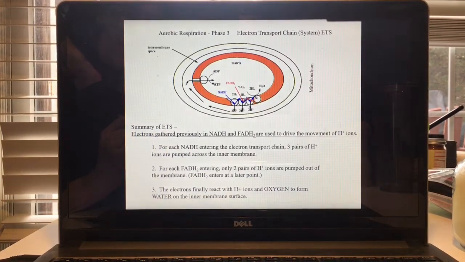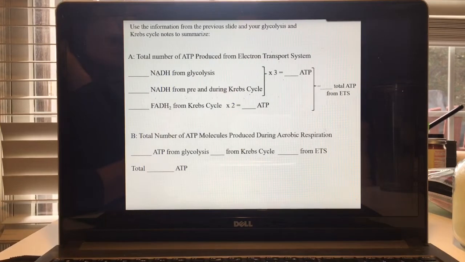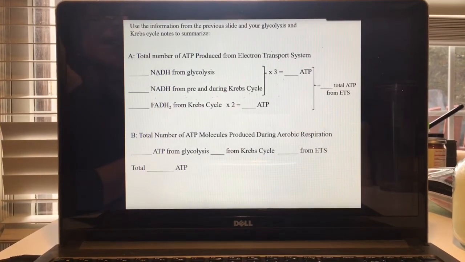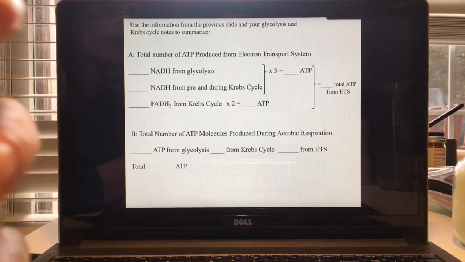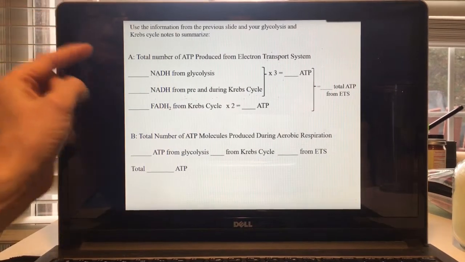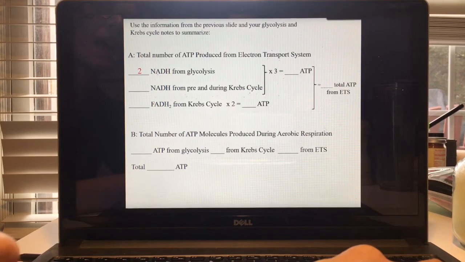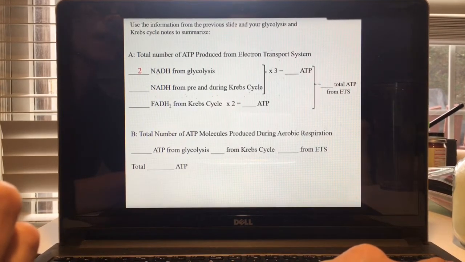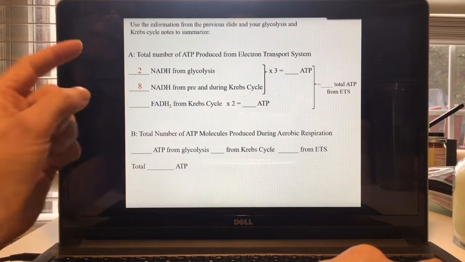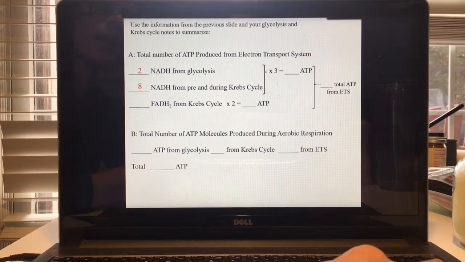on that inner membrane surface. So if we are totaling the number of ATP produced during aerobic respiration, we include the NADH from glycolysis, which is 2, and 8 NADH from the transition reactions and the Krebs cycle, which was 8, and we had 2 FADH2 from the Krebs cycle.